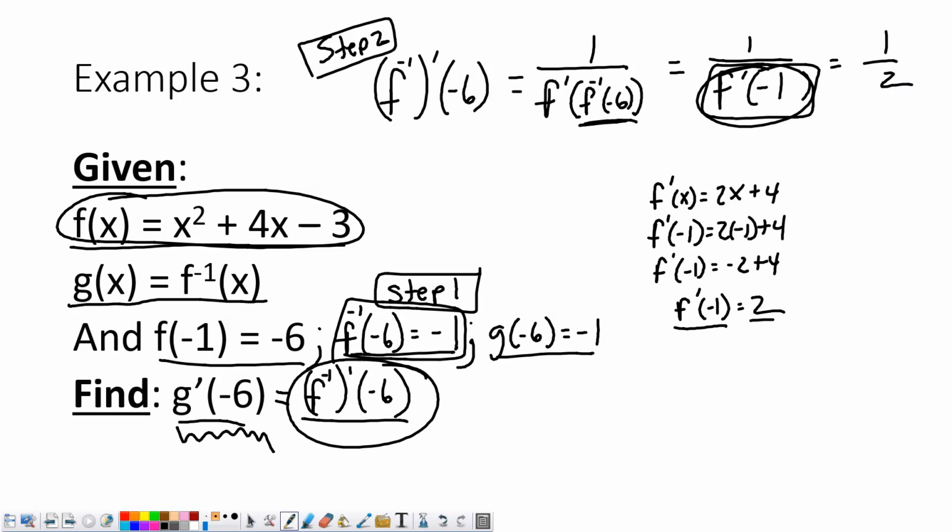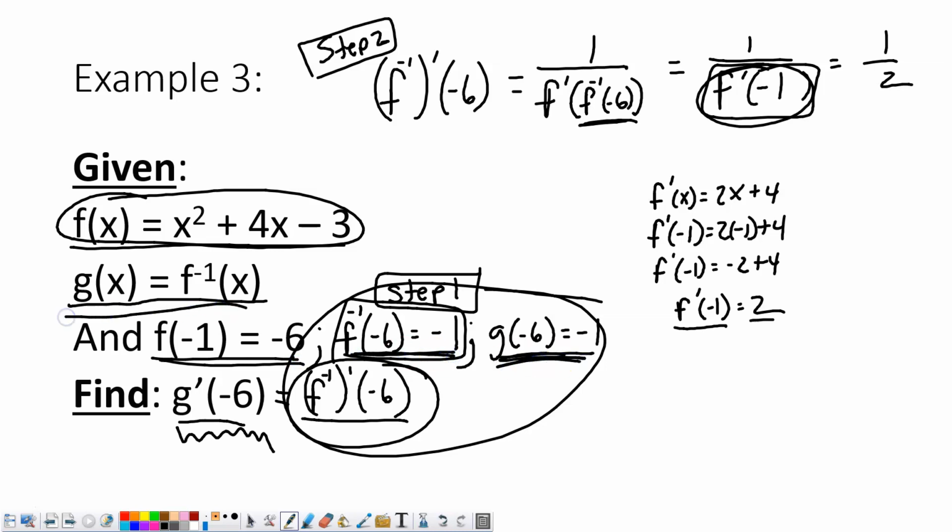So we're all done. All right, so step 1, rewrite your information. If f is this, then the inverse is this, which can be rewritten as a g because apparently they're the same. And also I chose to rewrite my derivative of g as a derivative of the inverse of f since they're the same. And then step 2, I went ahead and came up here and then I wrote out my formula.